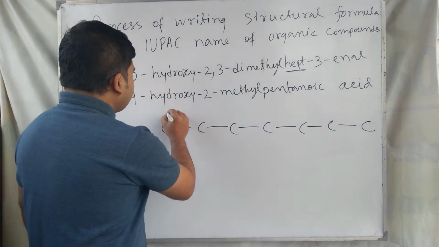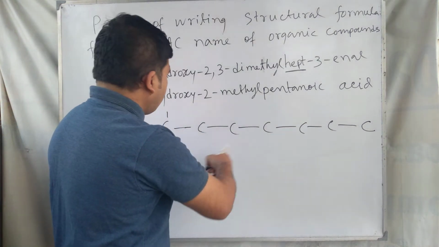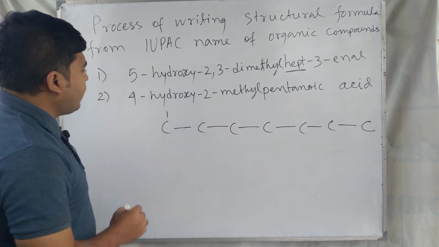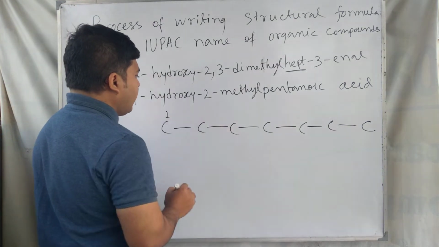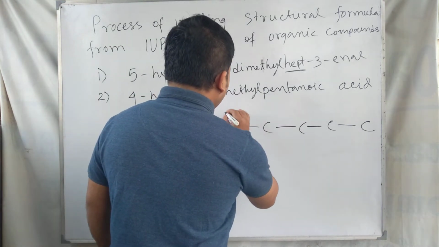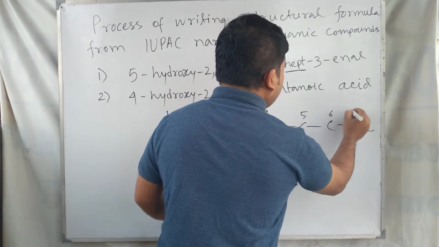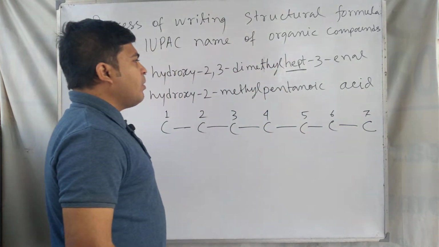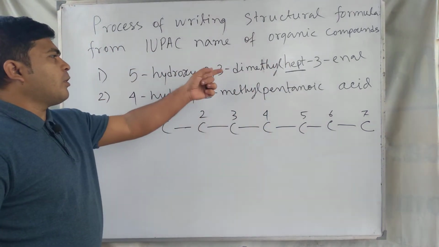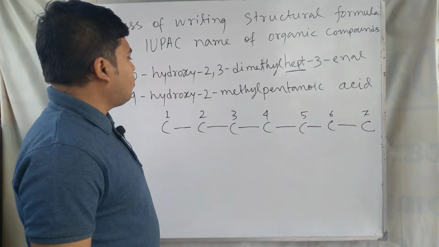We can number from any side, from this side and from this side also. So we are numbering it from left to right: 1, 2, 3, 4, 5, 6 and 7. Seven carbon atoms are present in this organic compound.